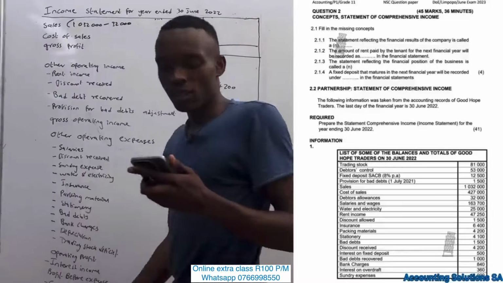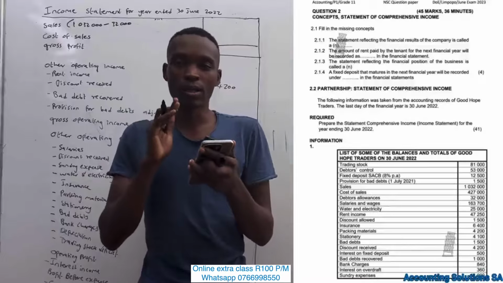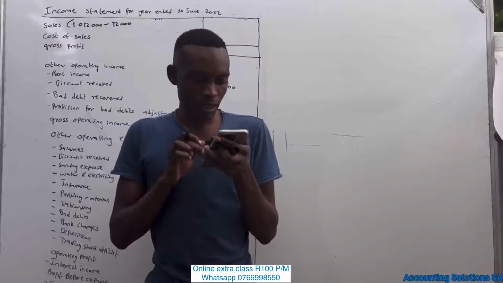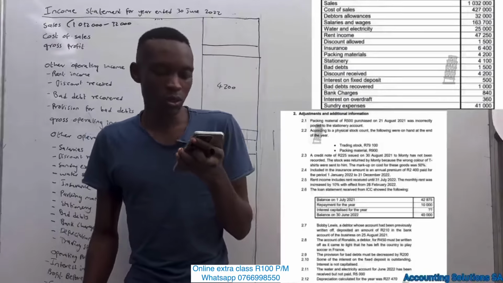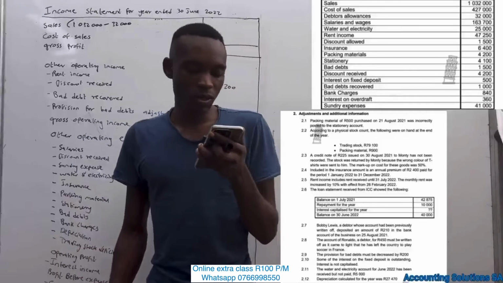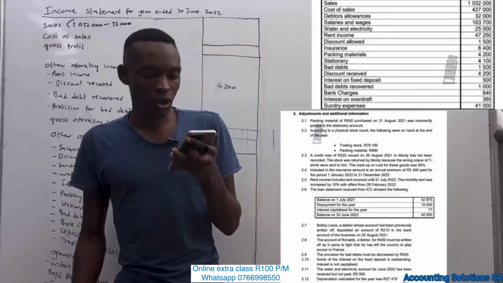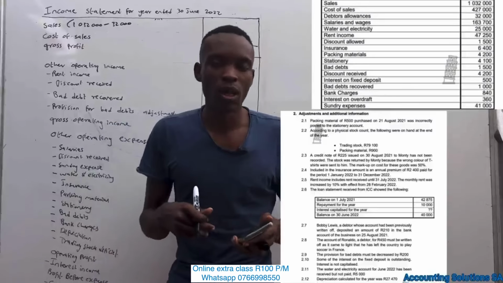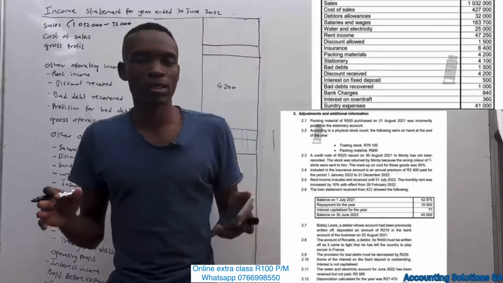Then after that we have to check additional information. Obviously I'm just going to point out additional information related to sales so that we can proceed quickly. Additional information number 2.3. A credit note of 225 issued on 30 August 2021 to Moti has not been recorded. The stock was returned by Moti because the wrong color t-shirt was sent to him. So this customer said we sent the wrong color of t-shirt, which means that's the reason the customer returned the goods, which means that it's no longer sales.